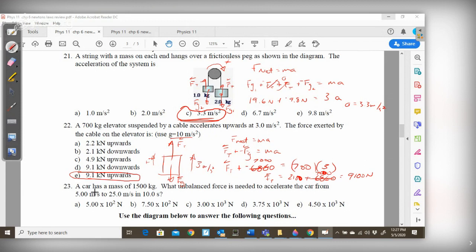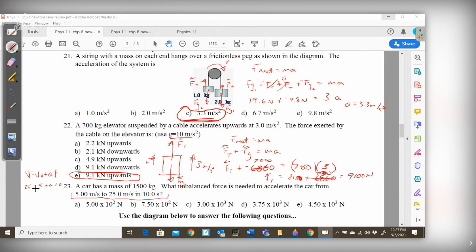All right, here we have a car of 1,500 kilograms with an unbalanced force needed to accelerate the car from 5 to 25 meters per second in 10 seconds. So this is a case where they're giving us velocities and time. And so we have to use our kinematics in order to calculate what the acceleration is. So v is equal to v naught plus at. Final velocity 25 is equal to 5 plus a times 10 seconds.